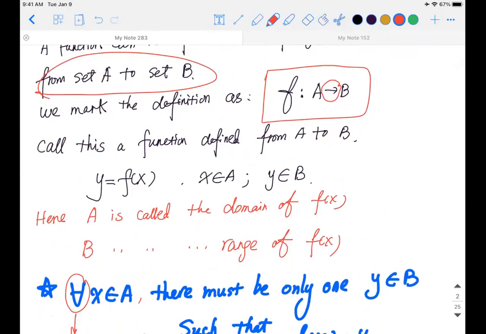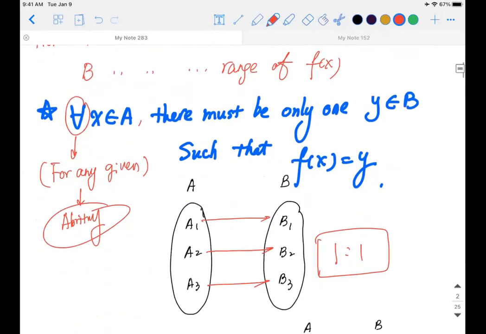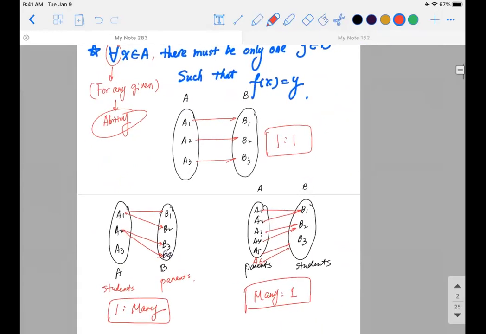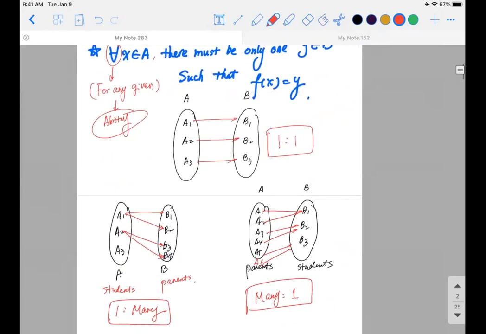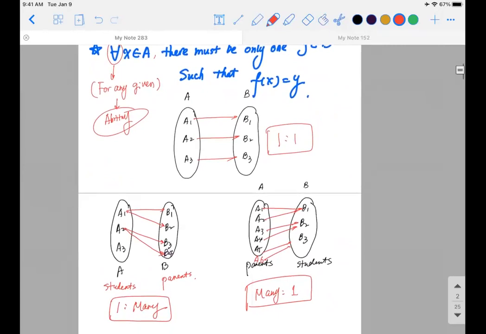A function can be defined as a relationship between two sets, set A mapping to set B. Set A, we'll call this the domain. Set B, this is the range. But still, it looks like ABC, right? Looks like 1, 2, 3, these three different patterns. They're all good. They're all kind of a relationship between A and B, and that's it.